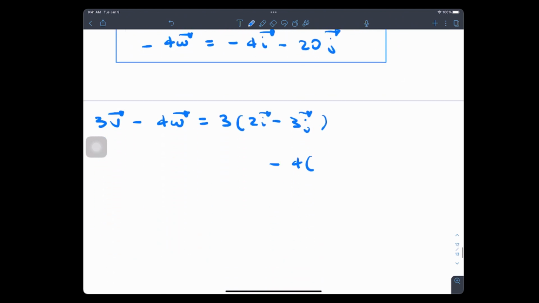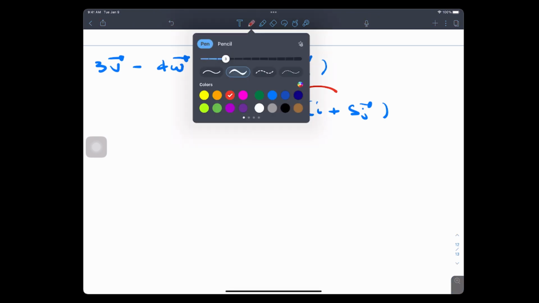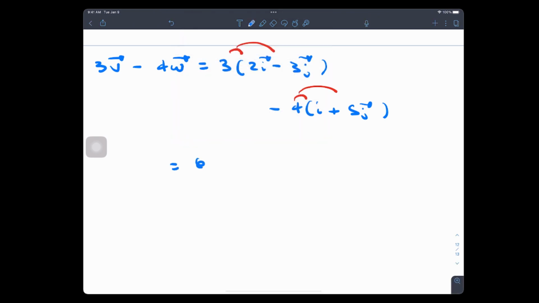So if they gave you this from the beginning and you didn't even do the prior arithmetic, and you go, oh my God, why do they want me to? This is, again, beginning algebra. You go, what is that? 6I minus 9J minus 4I plus 20J.